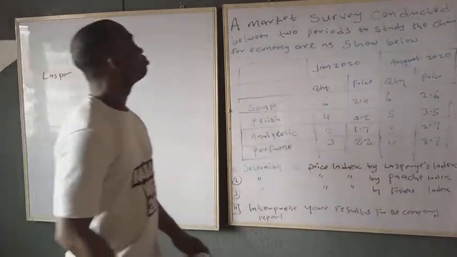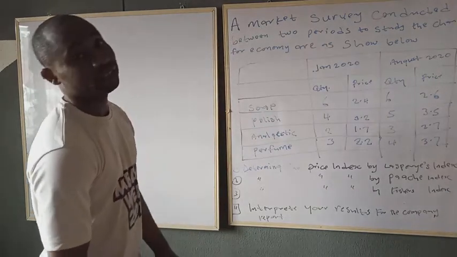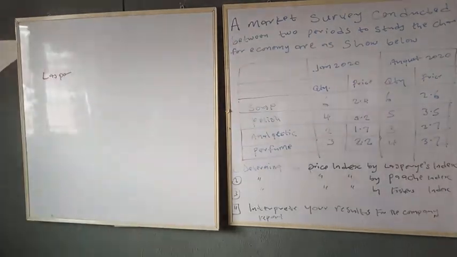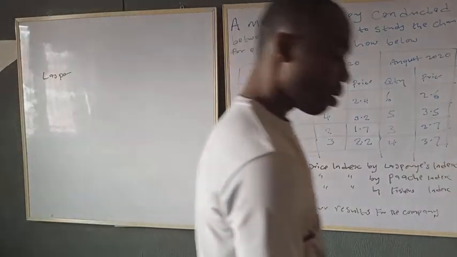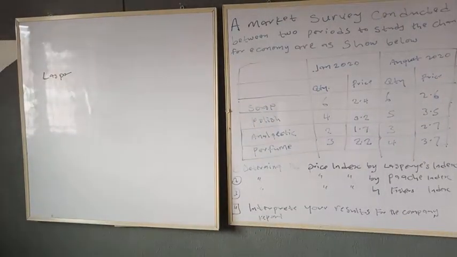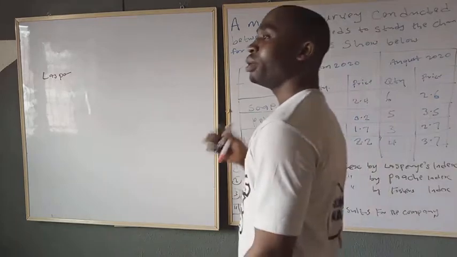Today we are solving on price index. Firstly, what is price index? It is the statistical method of measuring a variable or a group of related variables with respect to its value at a particular period of time.